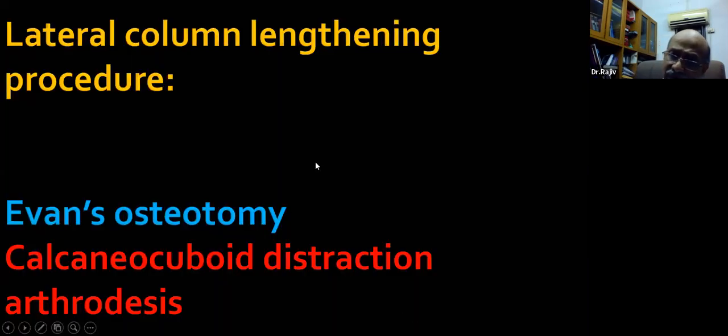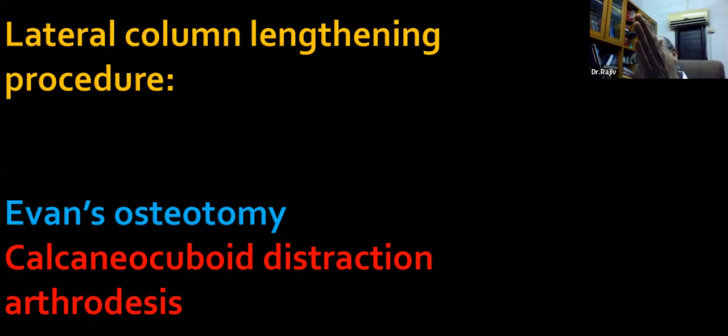Sometimes if the patient is very obese in a stage 2, or if the patient comes very late with the stage 2 flat foot, lateral column lengthening procedures are done. What do you mean by lateral column lengthening? Your foot has abducted. Your talus head has gone medially.